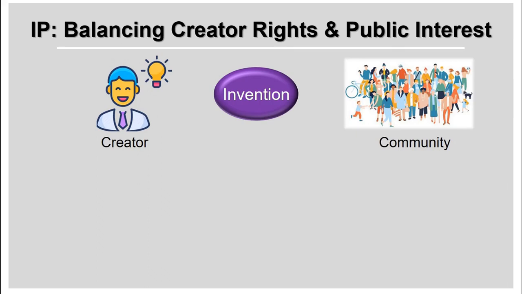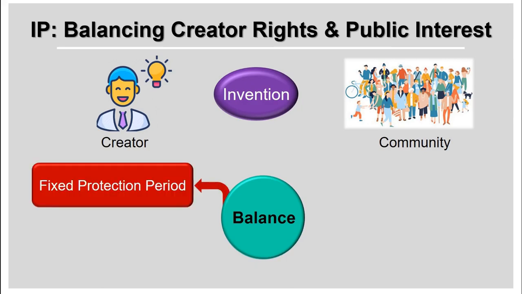Therefore, certain limitations and exceptions are associated with IPR law. For example, a fixed time period for the protection of the invention in case of patents, copyrights, semiconductor circuit design, etc. So that after the completion of the protection term, the public can use the invention and the work.